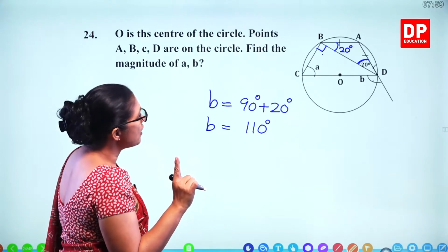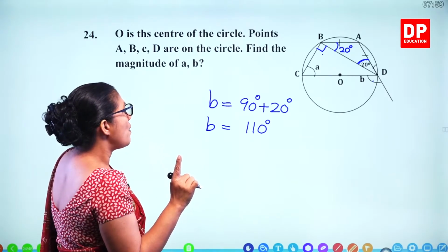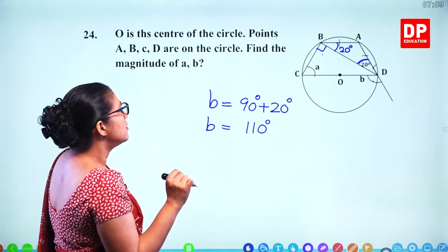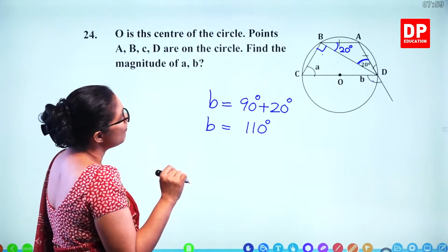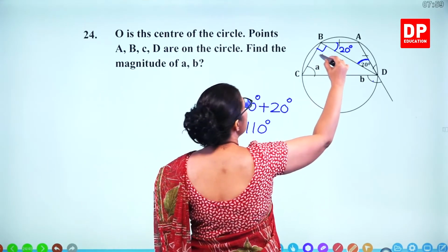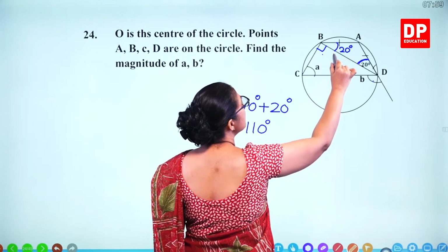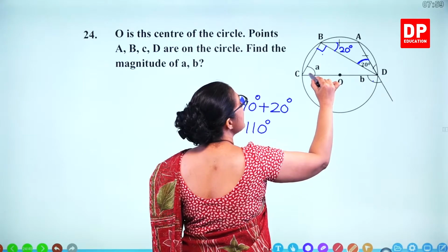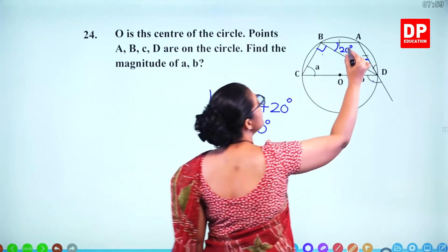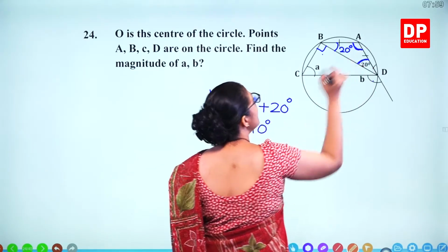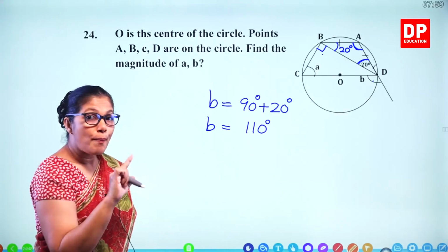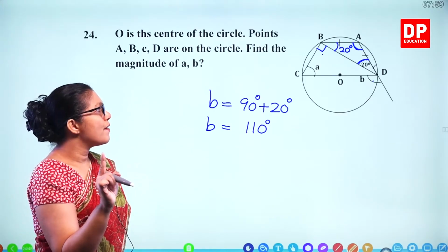You need to find out A now. How do we find out A? Look carefully. This is 110. And if this is A, what is this one? In a cyclic quadrilateral, opposite angles add up to 180.